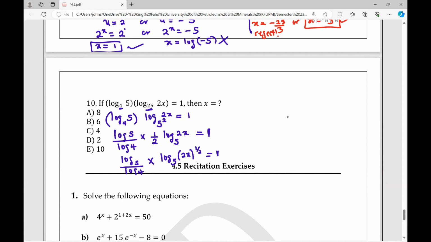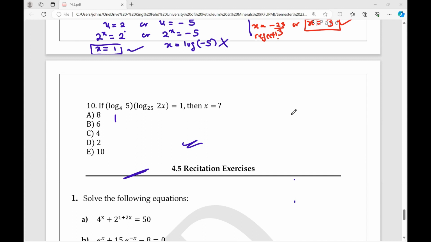Everything is still equals to 1. Now, do we have any cancellation? Not really. So let's see how we can do this one.